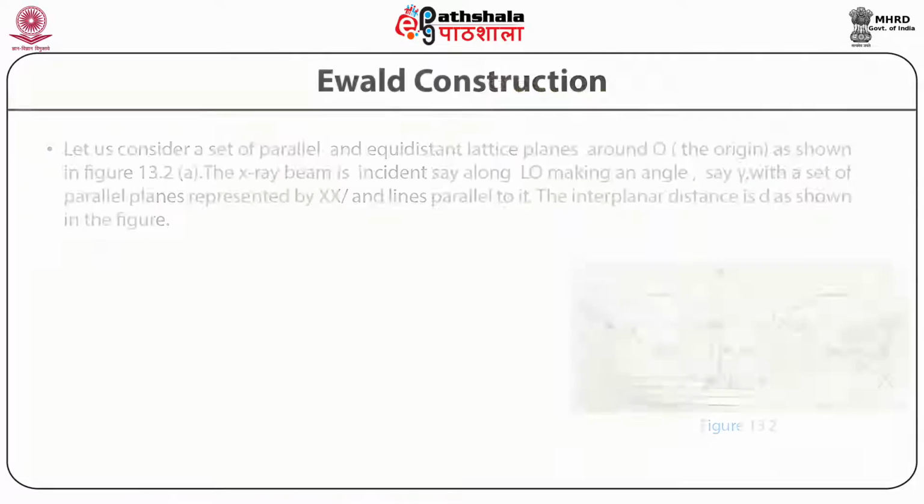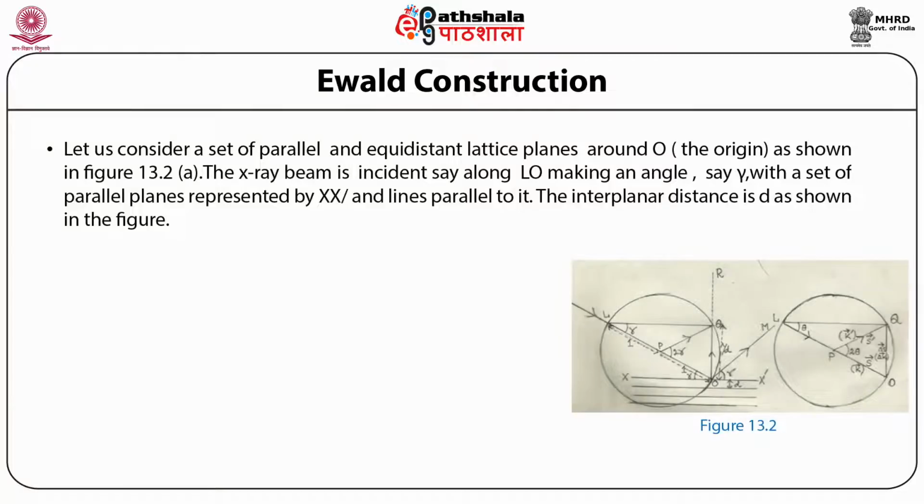Let us consider a set of parallel and equidistant lattice planes around O, which is the origin, as shown in figure 13.2a. The X-ray beam is incident, say along LO, making an angle, say gamma, with a set of parallel planes represented by XX prime and lines parallel to it. The interplanar distance is d as shown in the figure.